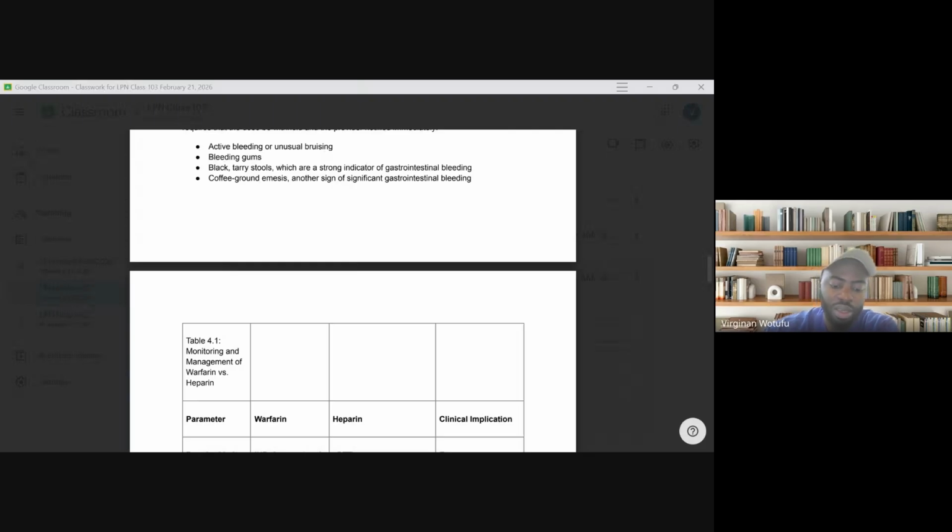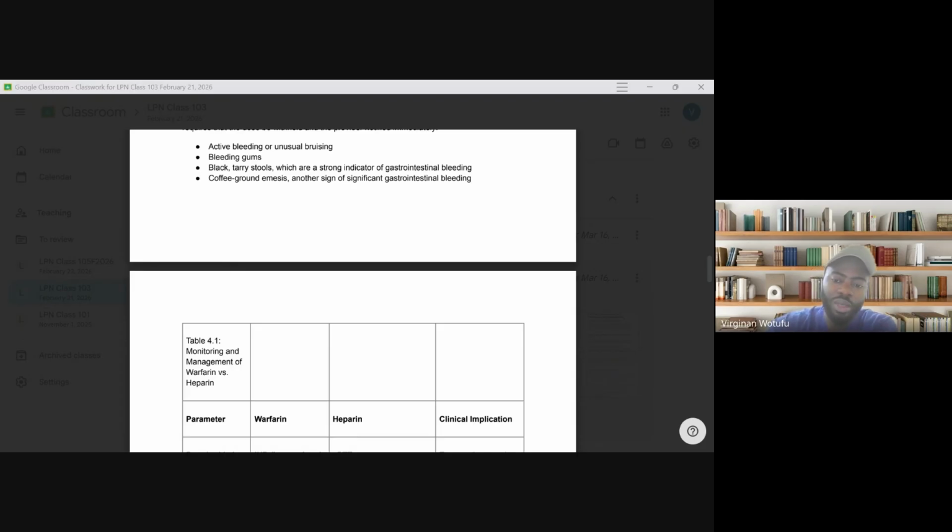It measures the blood clotting time, the time it takes for your blood to clot. Values of 2 to 3 are the normal range. If you have a value of 4, it shows that your blood takes longer, like 4 times longer to clot. So you cannot administer warfarin.